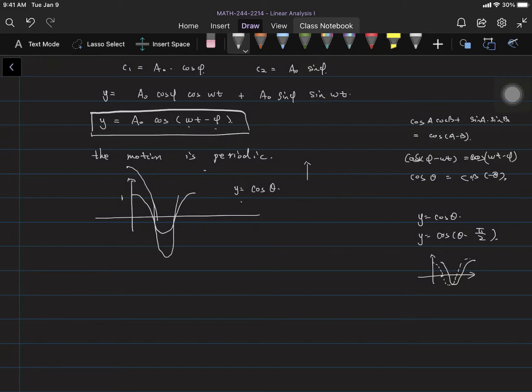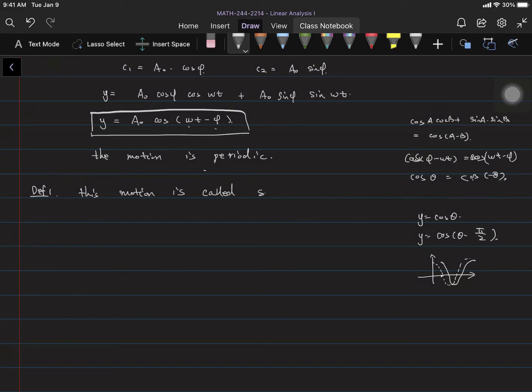And this is called simple harmonic motion. Here I'm going to give the definition. If there's no damping force, definition 1: the motion is periodic, and we say this motion is called simple harmonic motion, also abbreviated SHM.